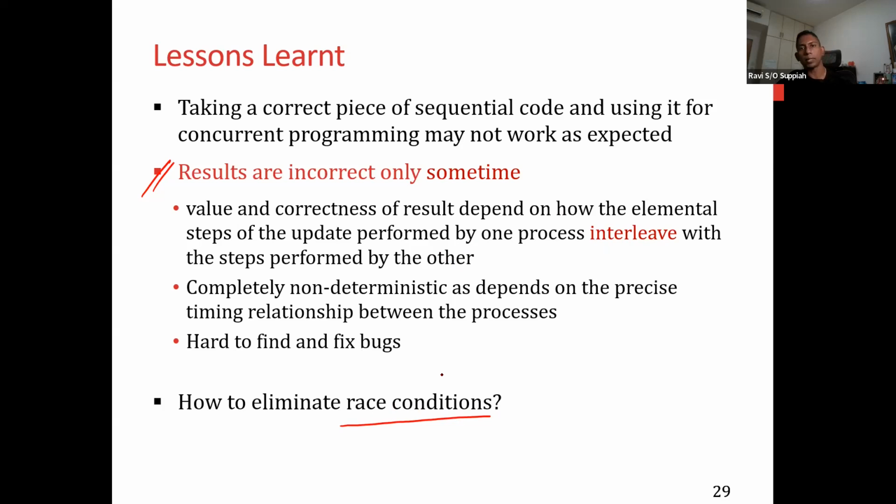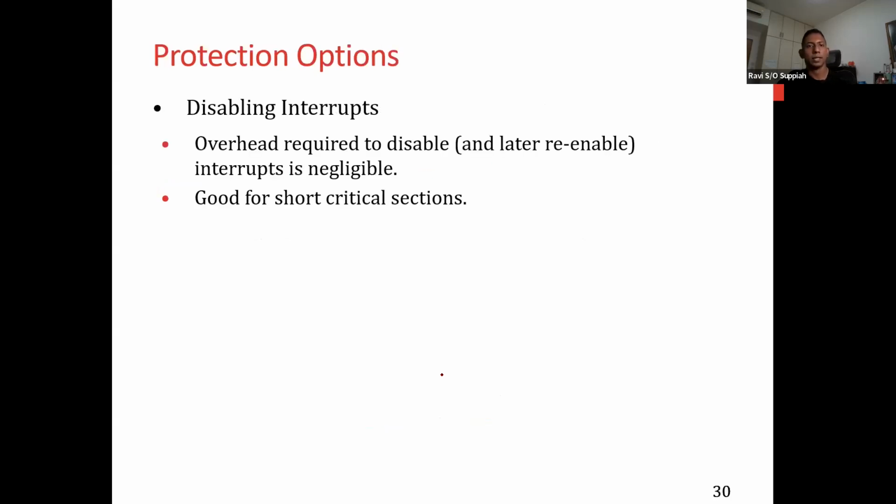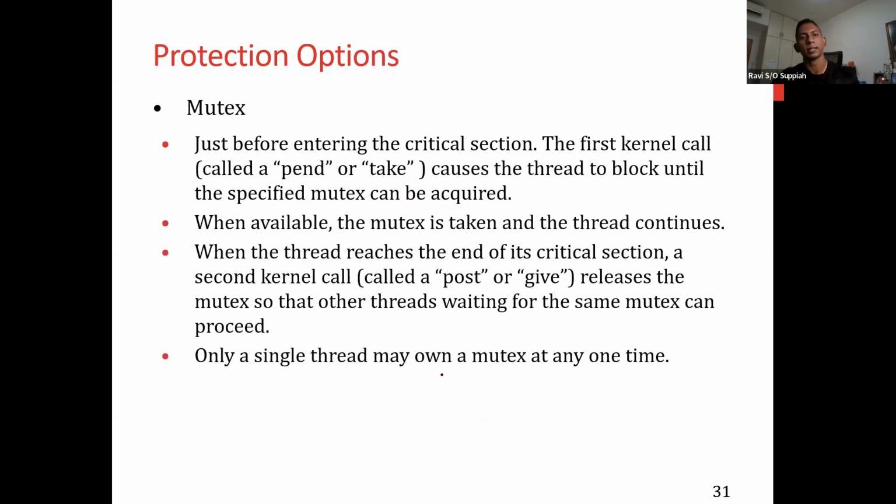But suddenly at one particular point of time there is a context switch out of order, and you get a wrong result. So it's called a race condition because it is very much dependent on the timing relationship between the tasks. One option, if it's interrupt related and we suspect the interrupt is the one causing it, is to disable interrupts.